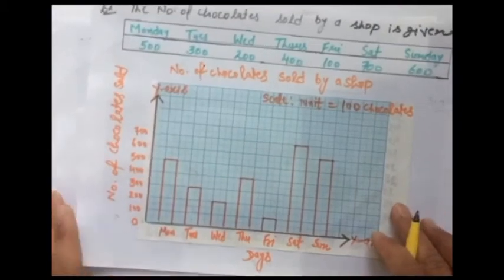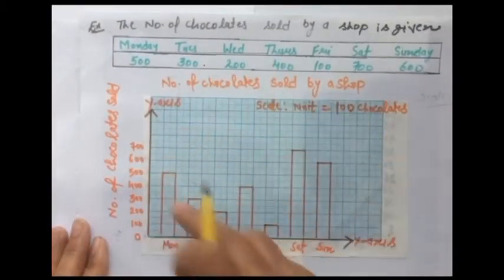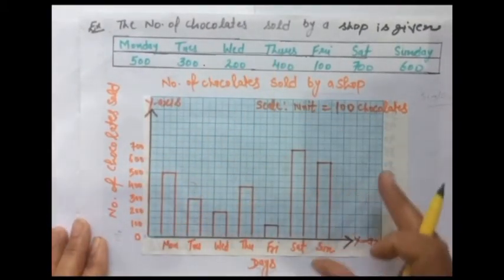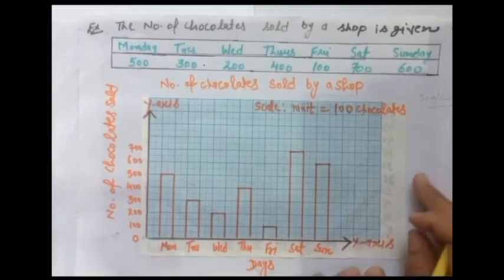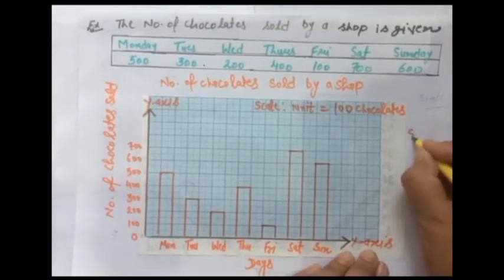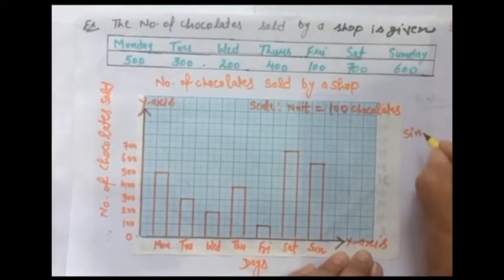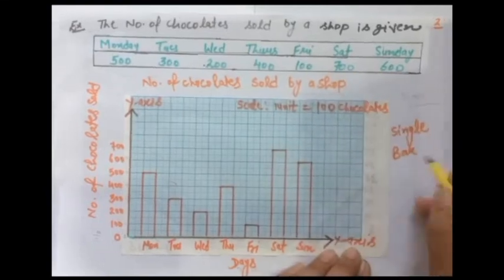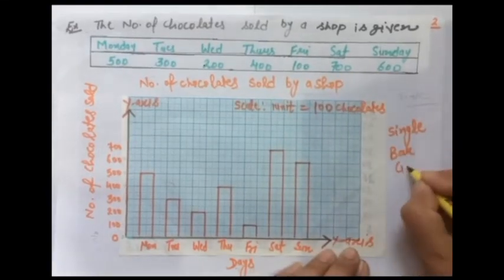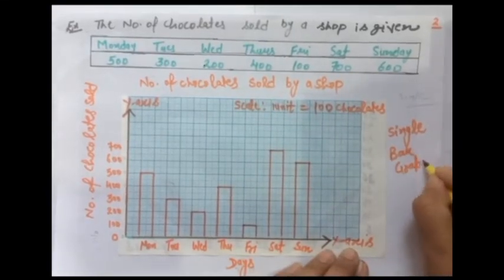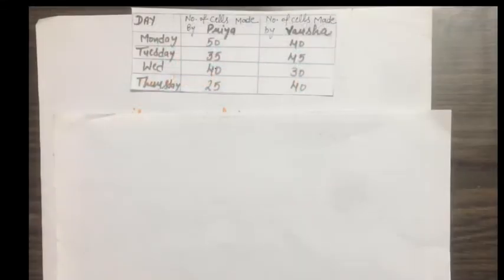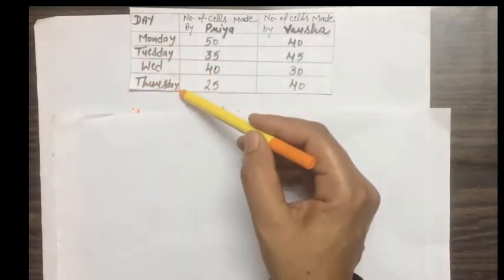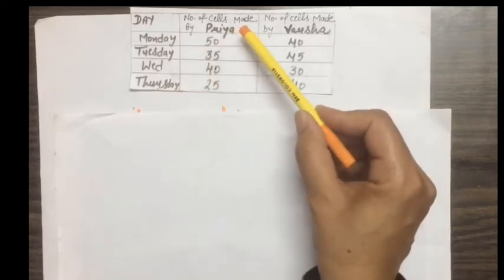And we represent this data by a single graph. Its name is single bar graph, as here only one data is given. Single bar graph.